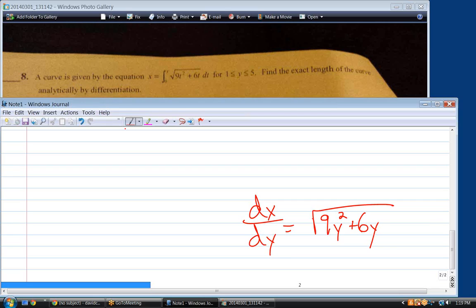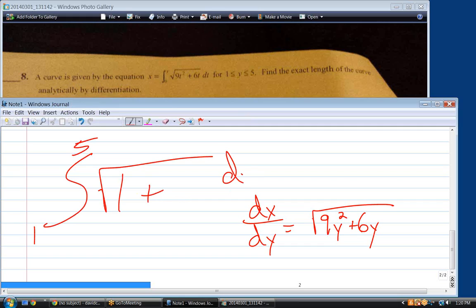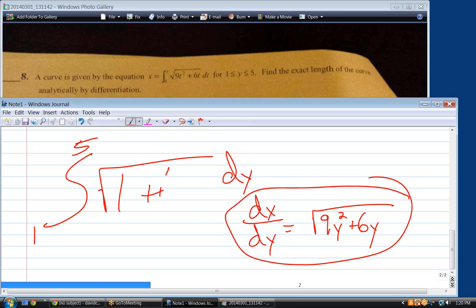So if we're trying to measure the curve from 1 to 5, now it becomes a simple problem. We're going to go from 1 to 5 of the square root of 1 plus dx dy squared, dy. Well, what's dx dy squared? 9y squared plus 6y.